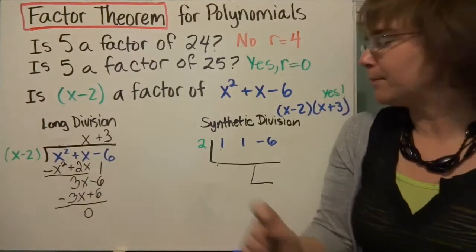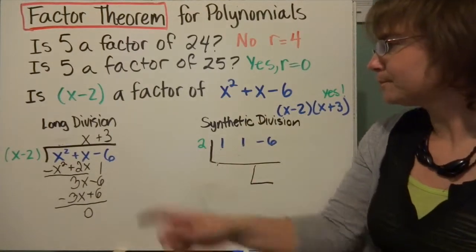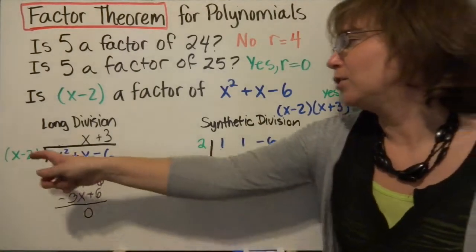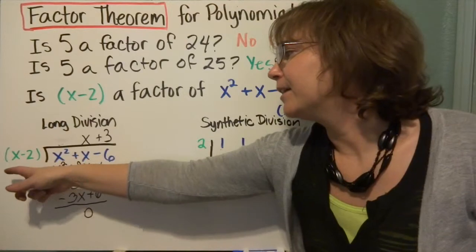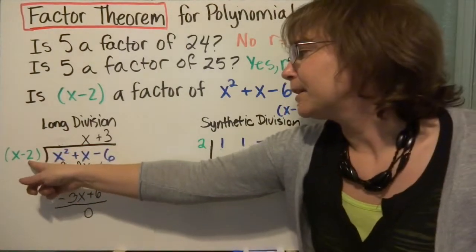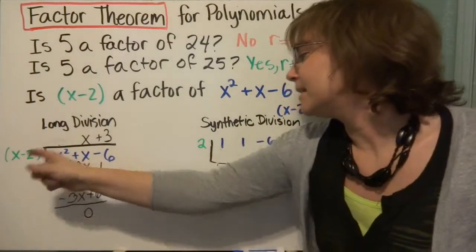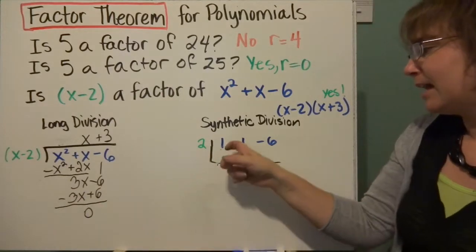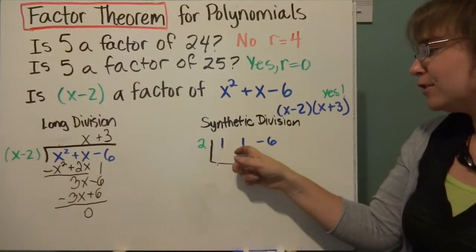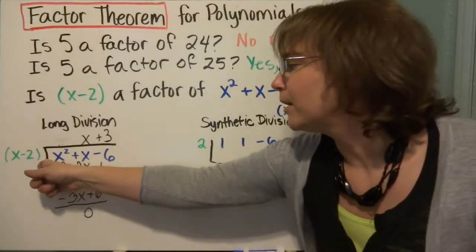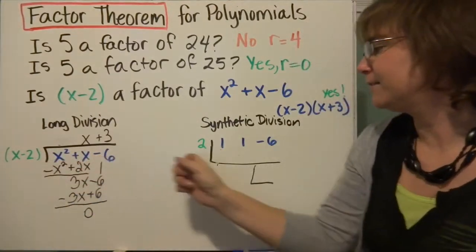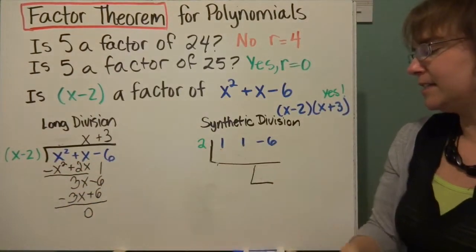Now let's do the same problem using synthetic division. When we use synthetic division, whatever makes this 0 over here, so I take the opposite of whatever number this is, in this case 2, and I'm going to go ahead and write the coefficients of my other polynomial. 1, 1, negative 6.